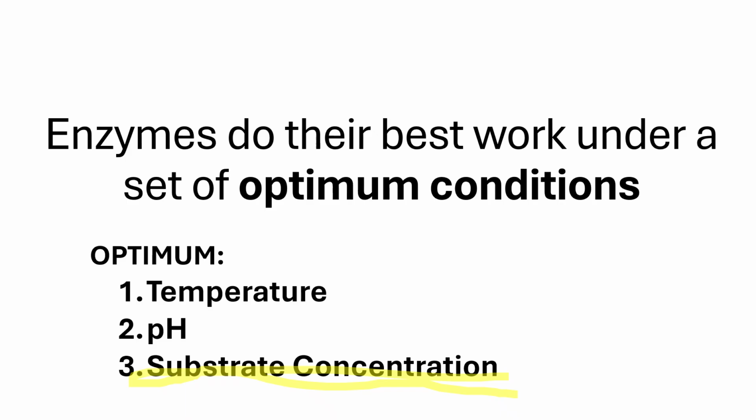If you increase the substrate concentration beyond that, the enzyme can't work any faster because it is saturated. And so that would be a waste, wouldn't it? That concentration where the enzyme is working as fast as it can is the optimum, and adding more substrate will not increase the rate at which the enzyme is doing its job.